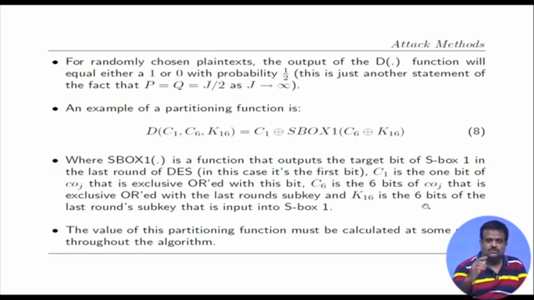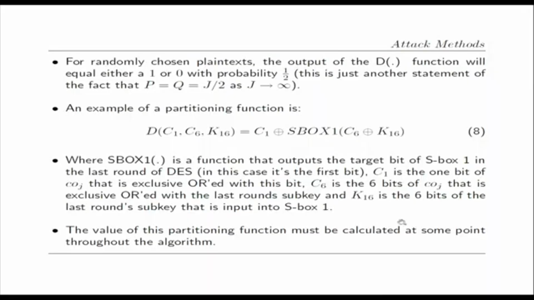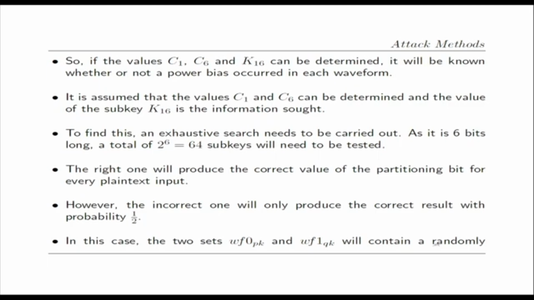So, we will do an exhaustive search on this 6 bit to get the value. Let us talk about how. The 6 bits of the last round sub key are input into S-box 1. The value of this partitioning function must be calculated at some point throughout the algorithm.